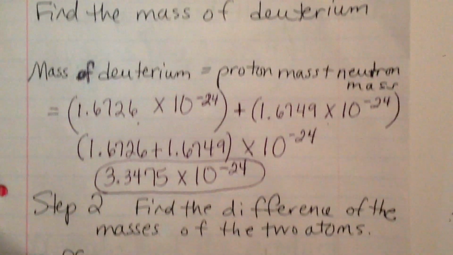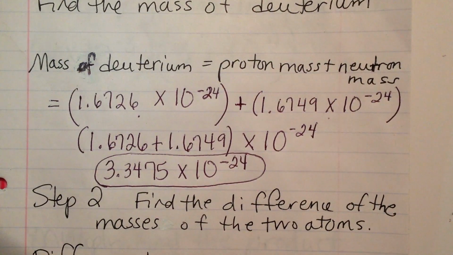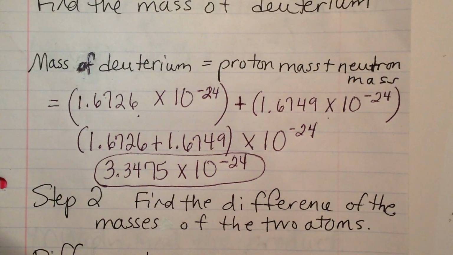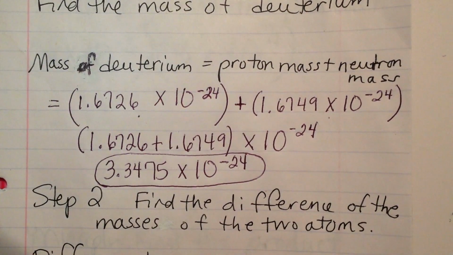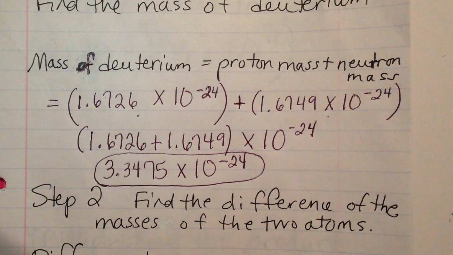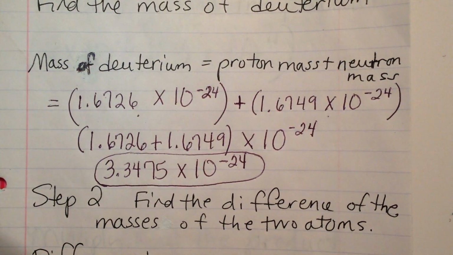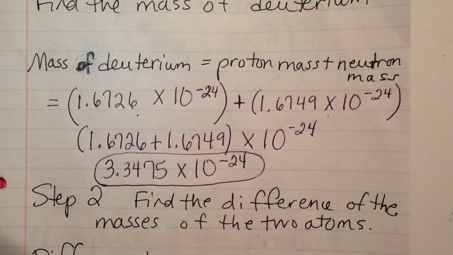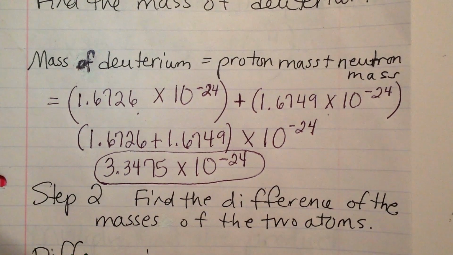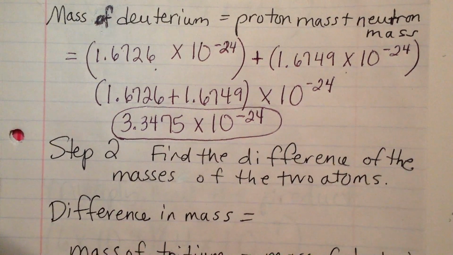Now, step number 2. Find the difference of the masses of the two atoms. So this is the mass of deuterium. We were given the mass of the tritium. So, in order to find the difference of the masses, we will subtract them.